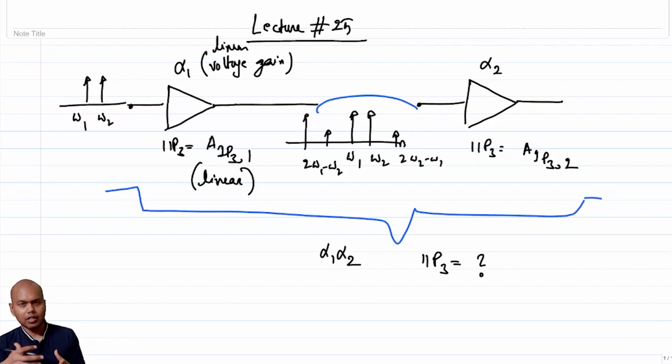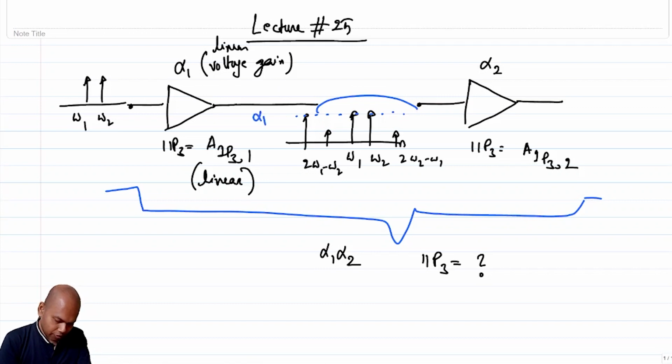So obviously, I'll get much bigger terms at the output, but most of the terms we can neglect because the dominant terms will be the fundamentals at the output of the first block. So this will be alpha 1.